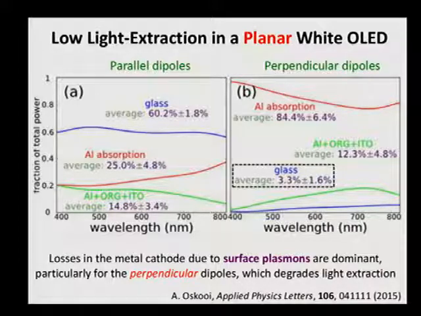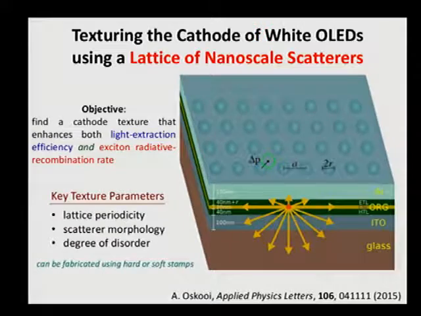The only way to recover the power that's lost in the aluminum is to texture the cathode somehow. We can texture the cathode of white OLEDs using a lattice of nanoscale scatterers similar to what's shown here in the schematic. The objective is to find a texture that enhances both the light extraction efficiency as well as the exciton radiative recombination rate, which are both necessary to increase the OLED's external quantum efficiency.